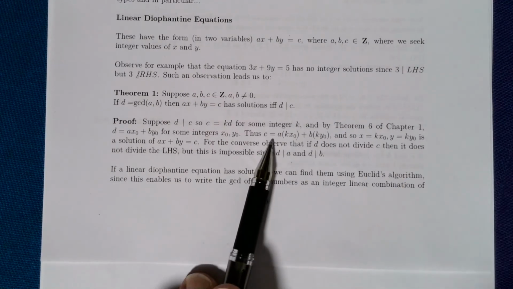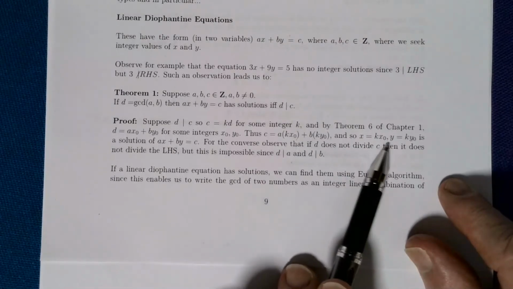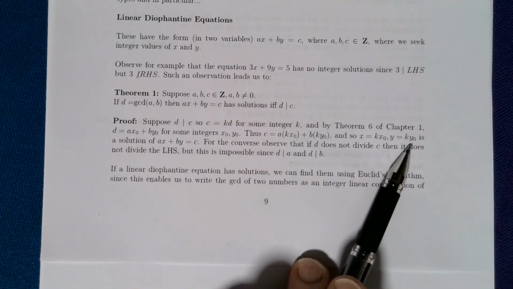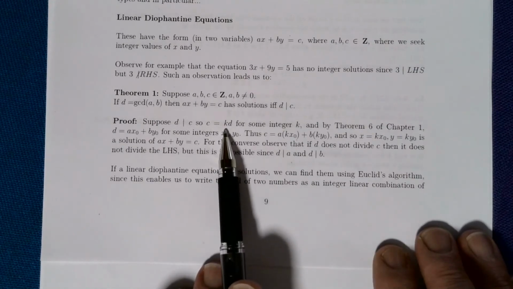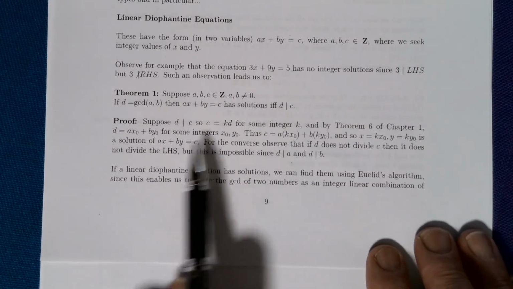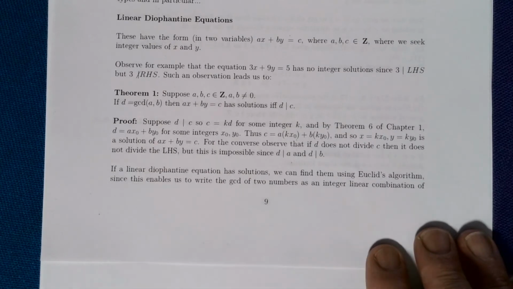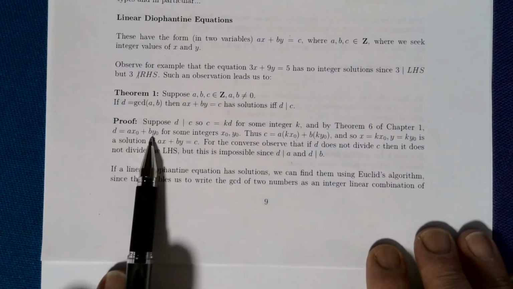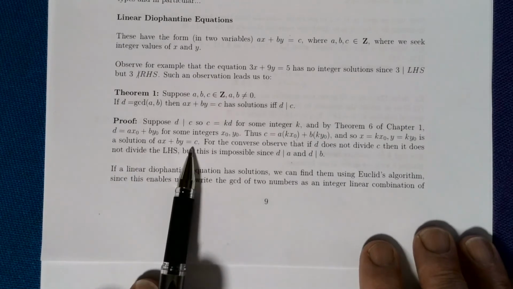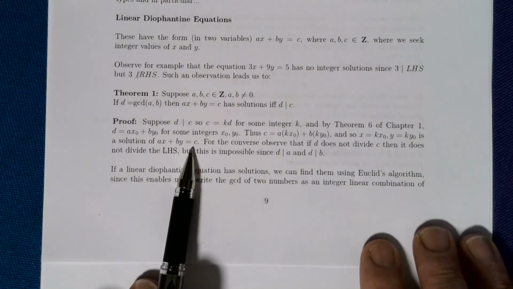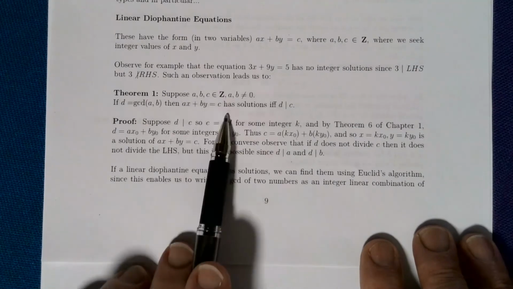I can put x as kx₀ and y as ky₀, where the k is the number we got from here, and the x₀, y₀ are the numbers we get from Bezout's lemma, which we get from Euclid's algorithm, of course. And that will be a solution. So that proves that if d is a factor of c, this equation always has solutions.